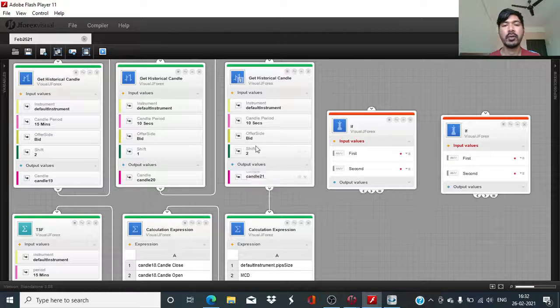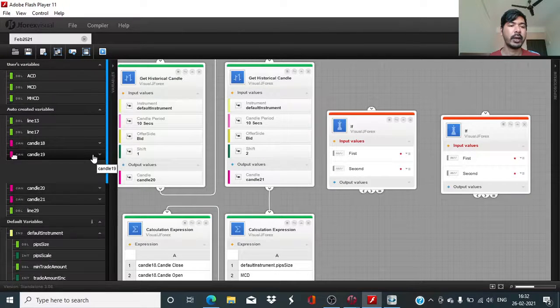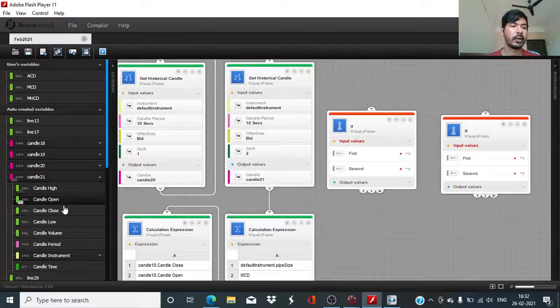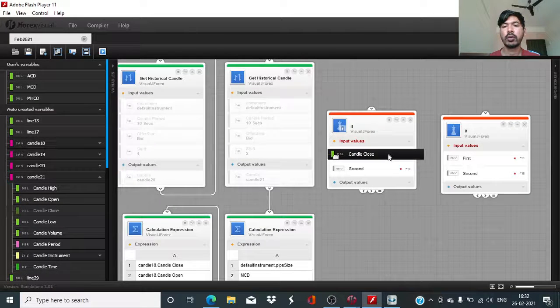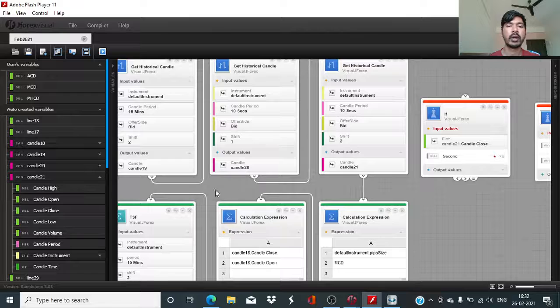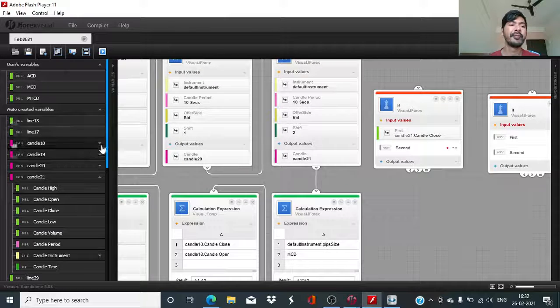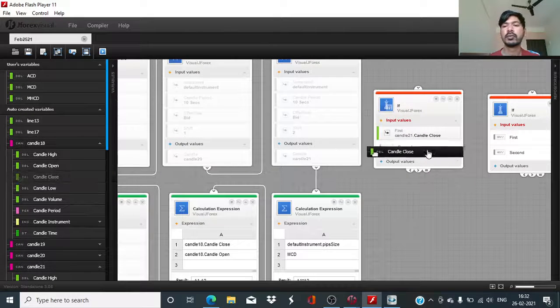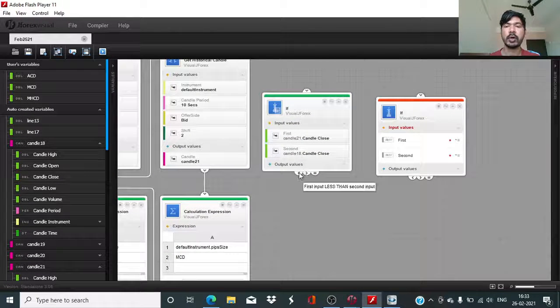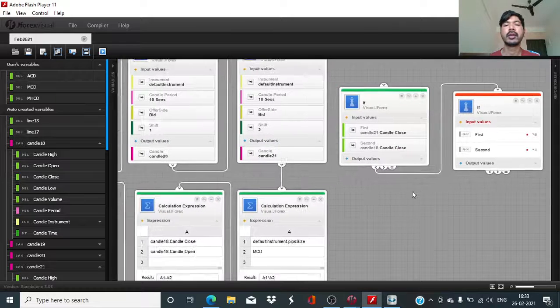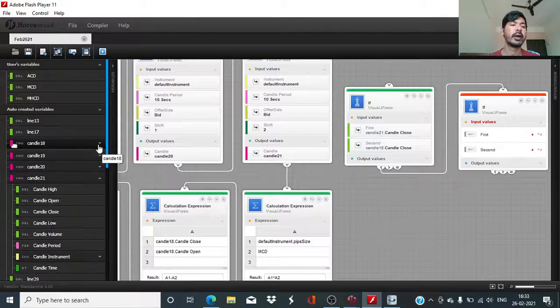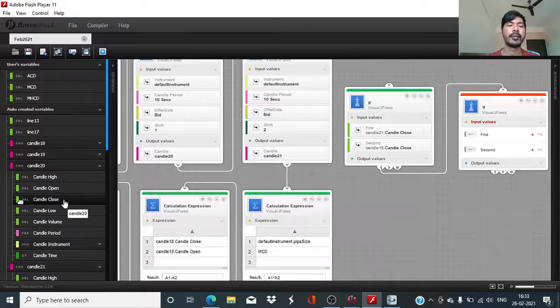So the candle 21, which has a look back period of 2, should have closed lower. So we will have to now take candle 21's close and compare it with the candle 18's close. It should have been less, first input less than second input, and candle 20 should close higher.